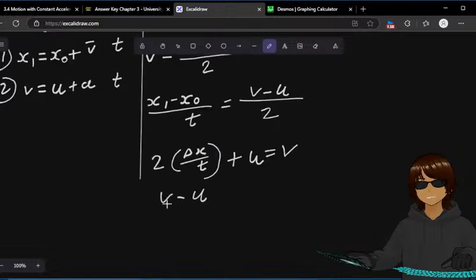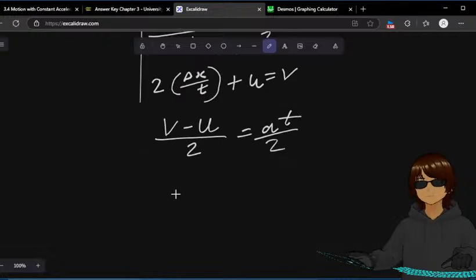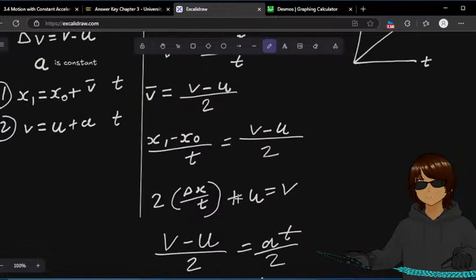We have v minus u divided by t. No, this is wrong. v minus u, divide both sides by 2. And then we have average velocity.